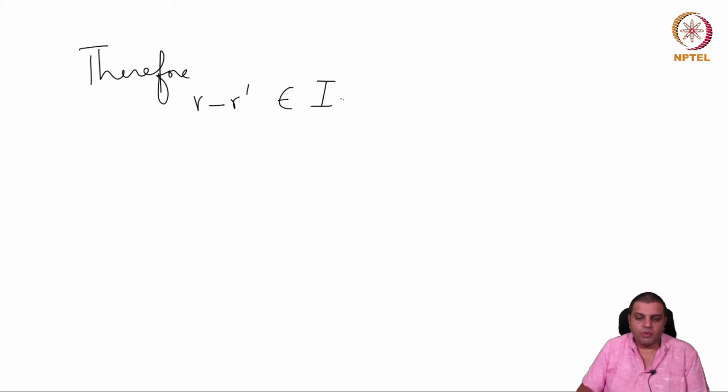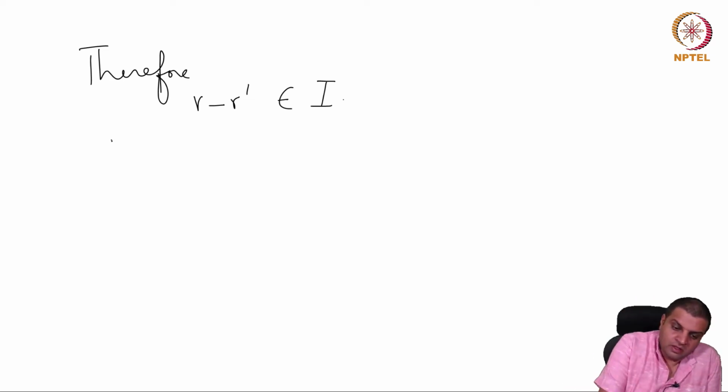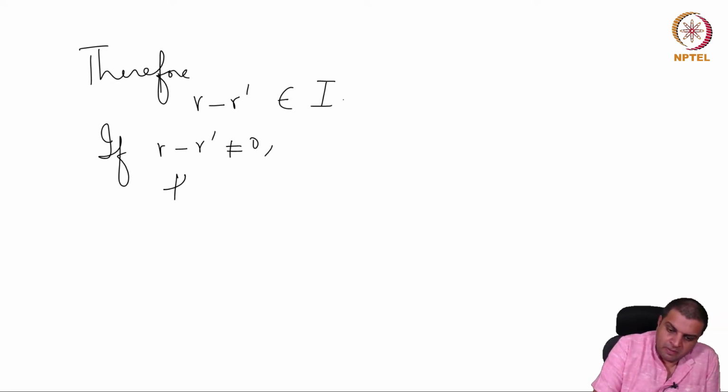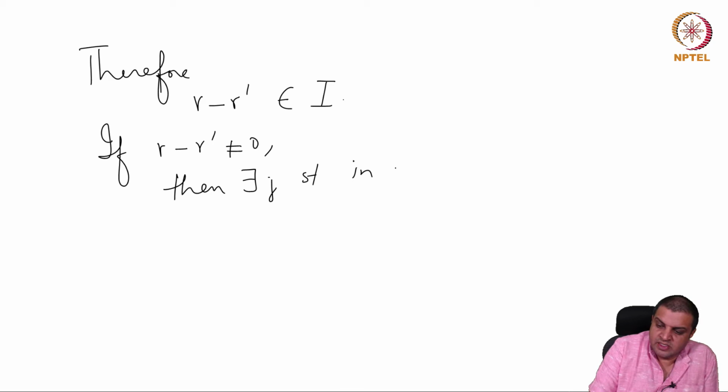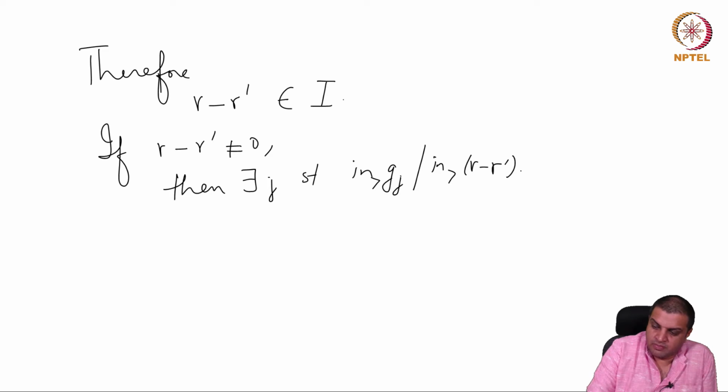What we want to show is that R minus R prime is 0. If R minus R prime is not 0, then there exists j such that the initial term of Gj divides the initial term of R minus R prime.